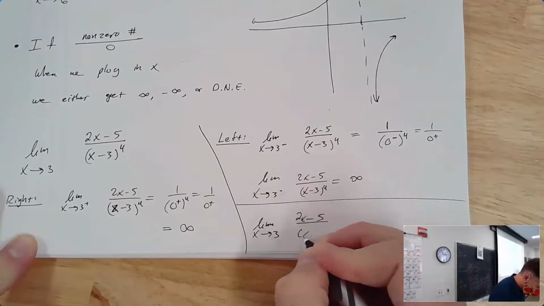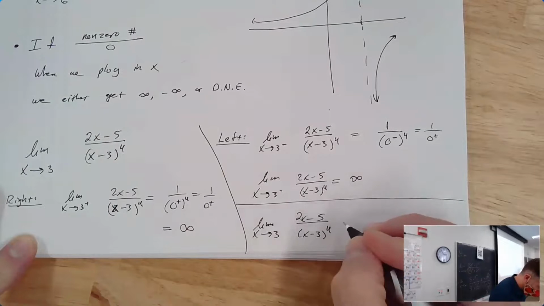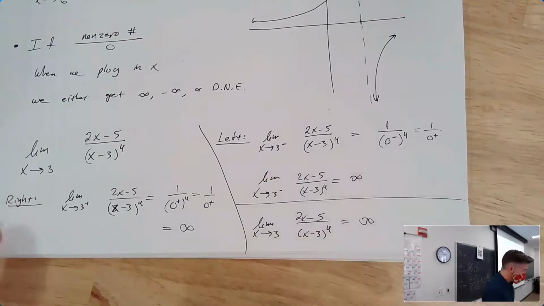Now, I did say something, and I feel like I should address it. Does that limit exist? No. We say it's infinity, but does the function ever get there? It's not getting closer and closer to infinity. It's way out there. We're just saying that the function is getting larger and larger without bound.